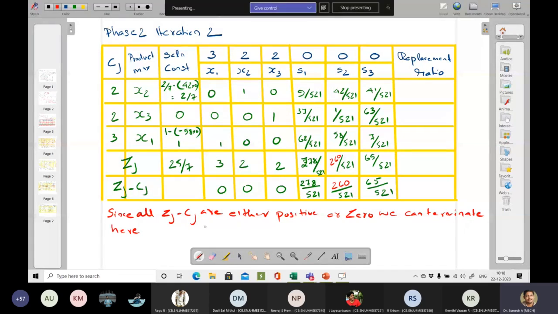We can see over here x2 is 2 by 7, x1 is 1, and x3 is 0. Okay, is that clear? Any doubts?